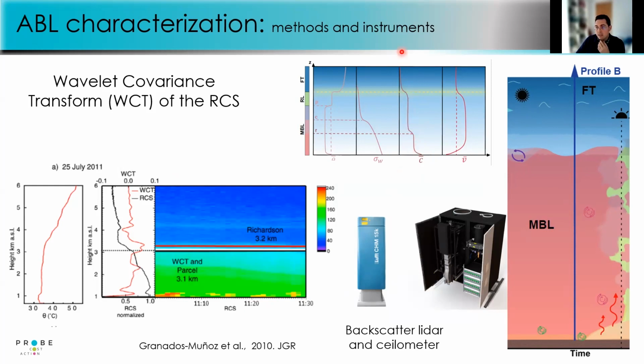For obtaining this profile, we can use the backscatter lidar and ceilometers, and that is what we have in this quick look. In black we have the backscatter signal, and the wavelet covariance transform, which is a mathematical tool to highlight where we have these kinds of changes in the profile.